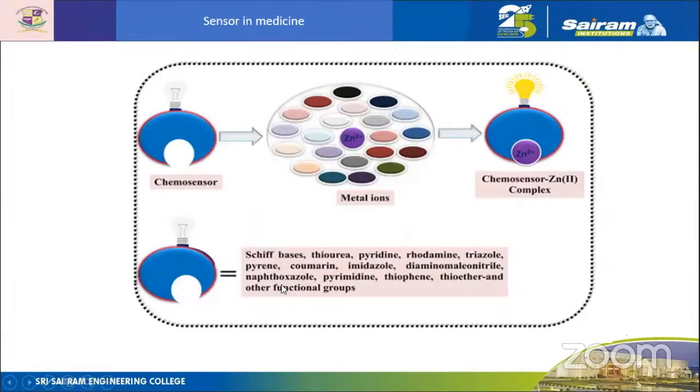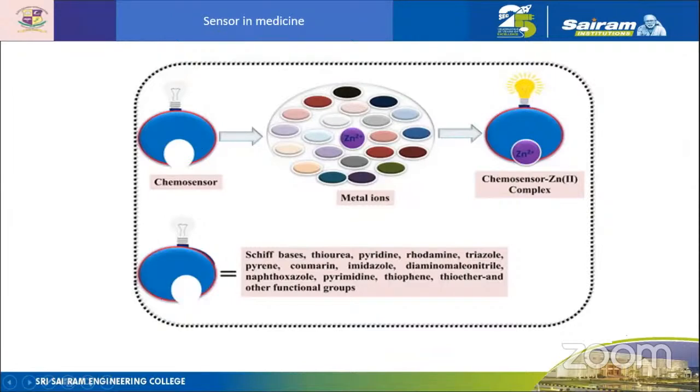And this is again one more chemosensor. When different metal ions are placed in this chemosensor, it helps to identify the infected cells. So particularly, for example, in the kidney some stones may be there, or some tumor cells may be there in the brain or in other organs. So particularly, the metal ions are able to identify the infected cells, and also they are able to cure them.